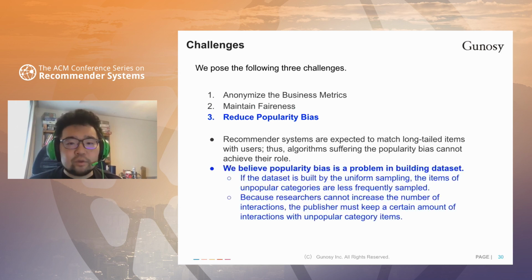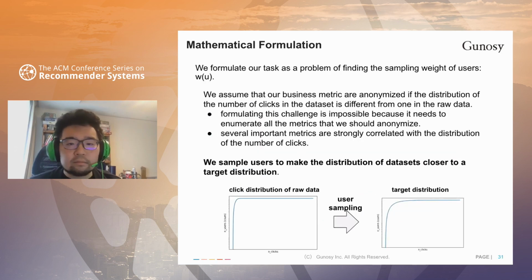If the dataset is built by uniform sampling, the items of unpopular categories are less frequently sampled. We believe popularity bias is a problem in building datasets, and the publisher must keep a certain amount of interaction with unpopular category items.